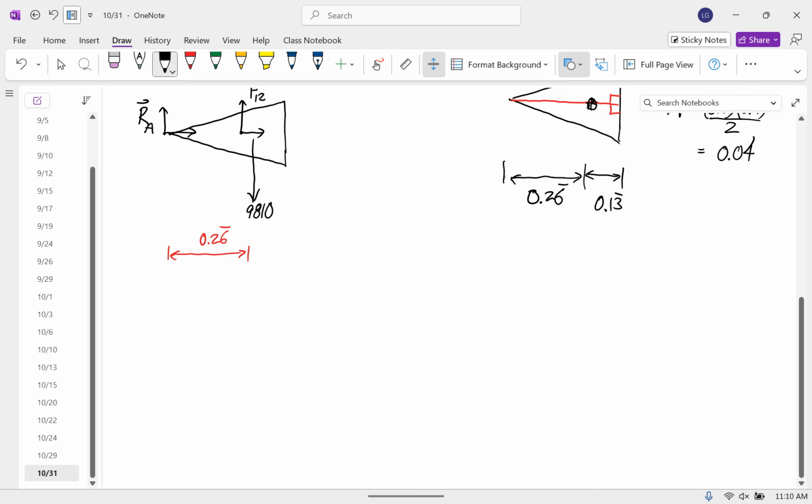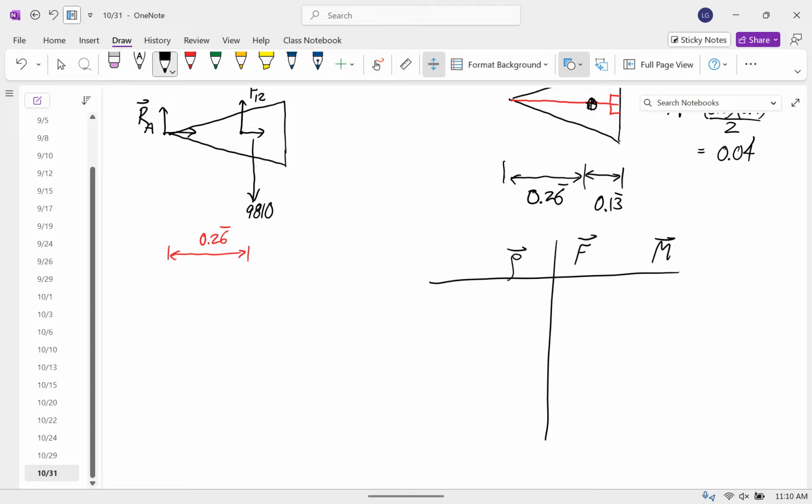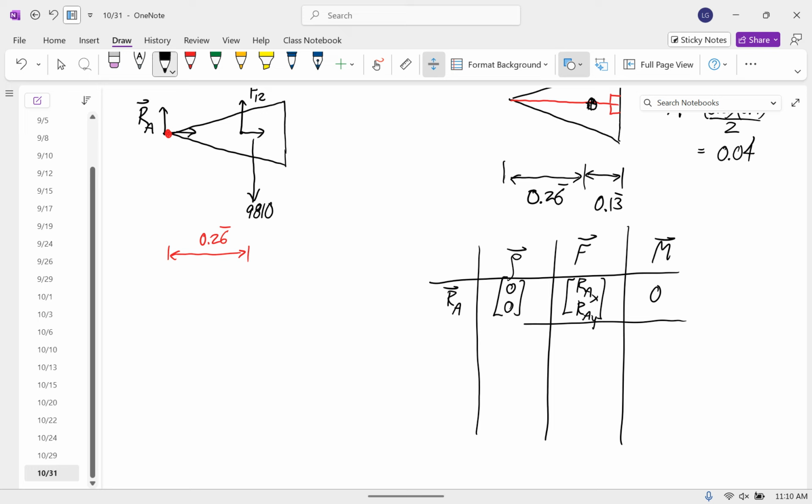And now I'll go to the table. So rho, force, moment. I'll put my about point here. So my force RA has a rho vector of 0, a force vector of RAX, RAY, cross product of 0.